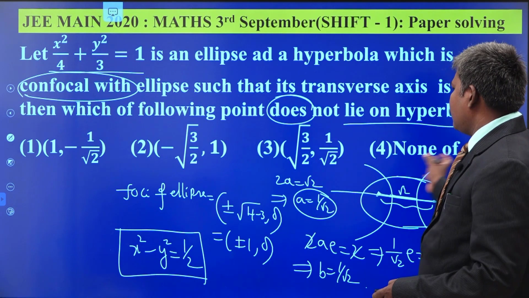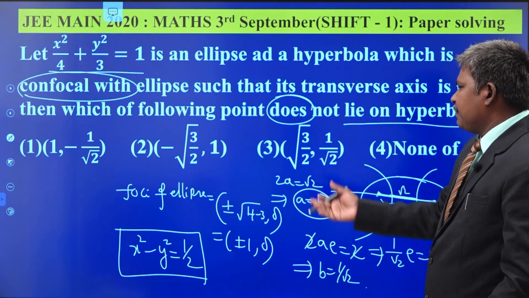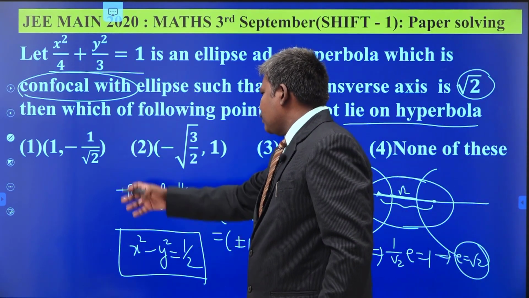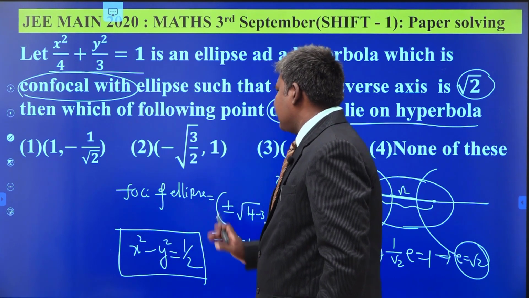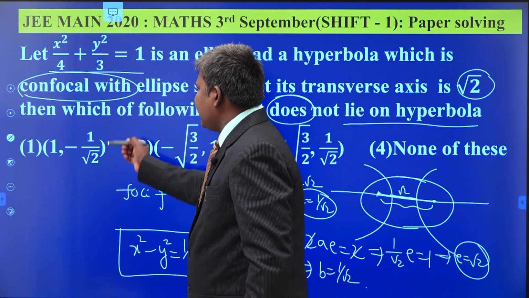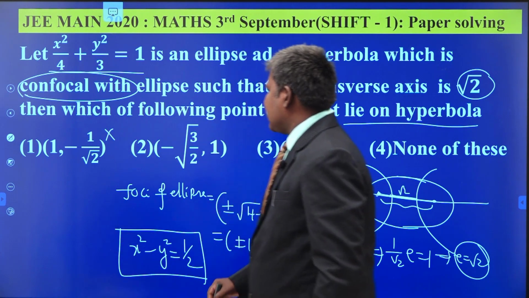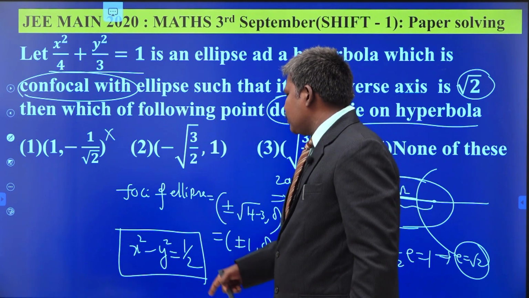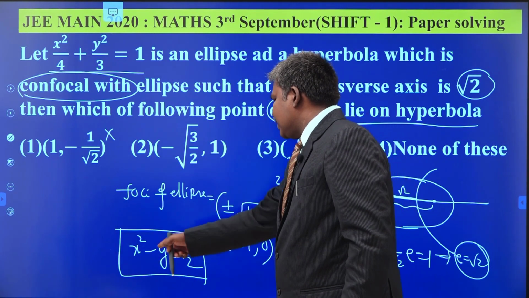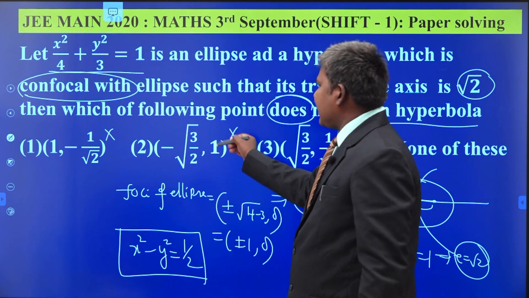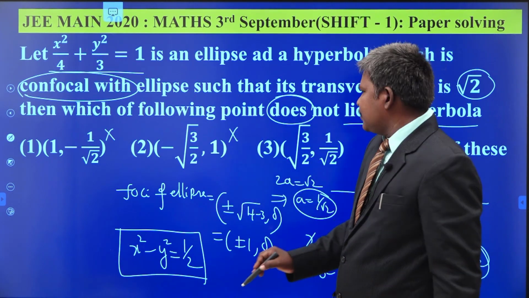Now you have to check which one does not lie on this one. 1 square means 1, 1 by root 2 whole square means 1 by 2, 1 minus 1 by 2 is 1 by 2. This is a point on the hyperbola, so it is not the correct option. In the same manner, minus root 3 by 2 whole square means 3 by 2, minus 1, this is also 1 by 2. This lies on your hyperbola, so it is not the correct option.